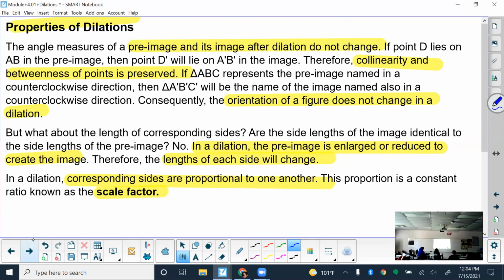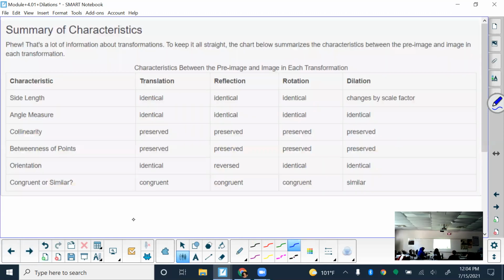All right, the next chart is basically just showing you a summary of how in a translation, side length is the same, angle measure is the same, collinearity is preserved. That's the same for reflections and rotations too. But in dilation, you see it's different because scale factor changes.